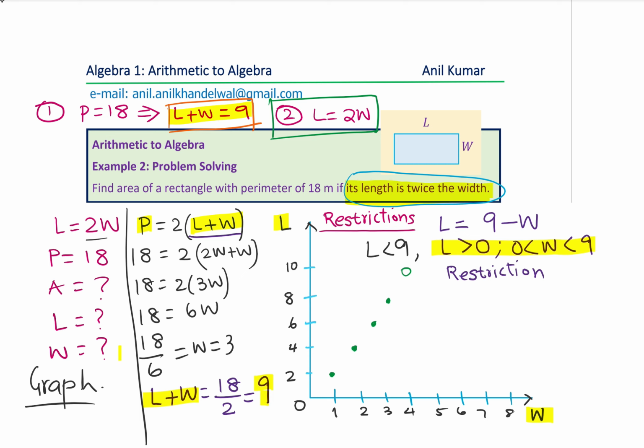So we do get overlap, which is if the width is 3, then 3 plus 6 equals to 9. Length has to be 6. And this point coincides with the previous condition, correct? And therefore, we have a solution when both the conditions are true. So the solution here is both conditions true.